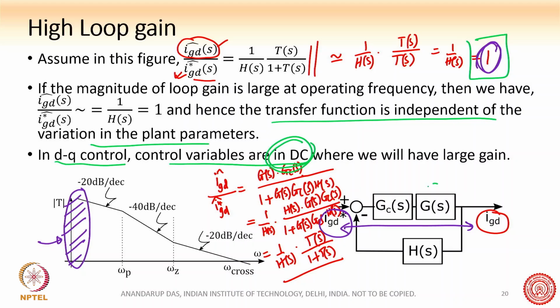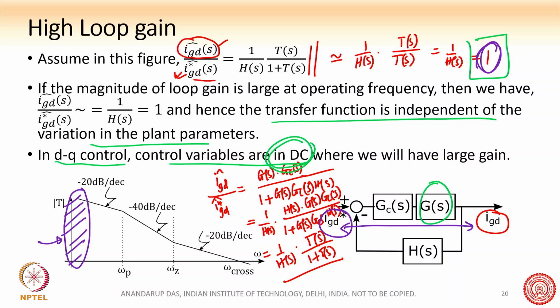So if you have a problem with GS, a change, say R and L is changing over time, the GS is changing, but GCS into GS, that loop gain, is so high that the impact of that change doesn't matter.